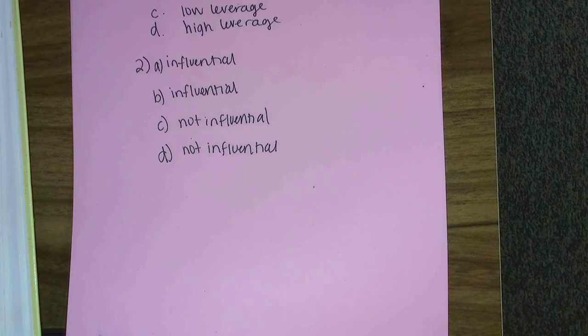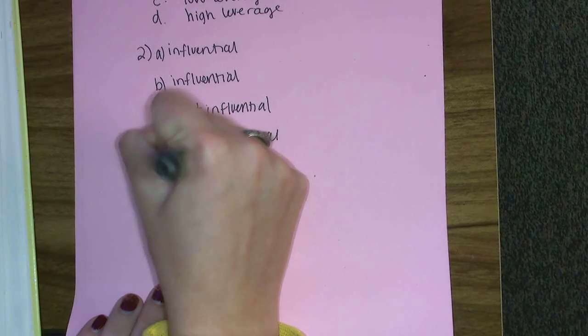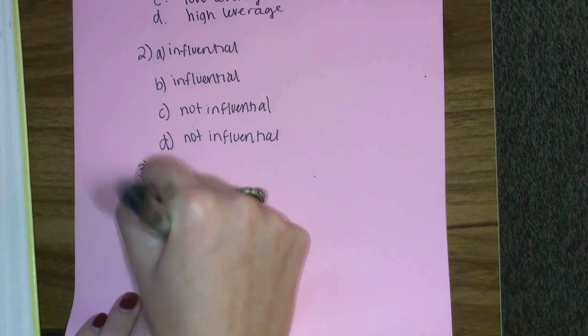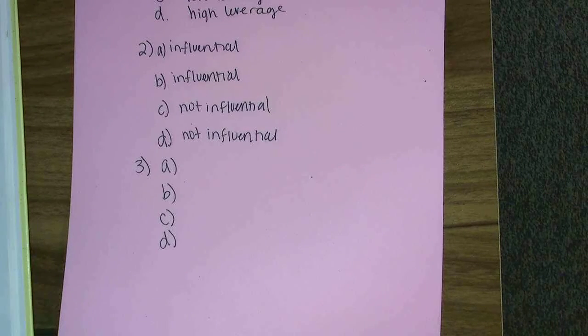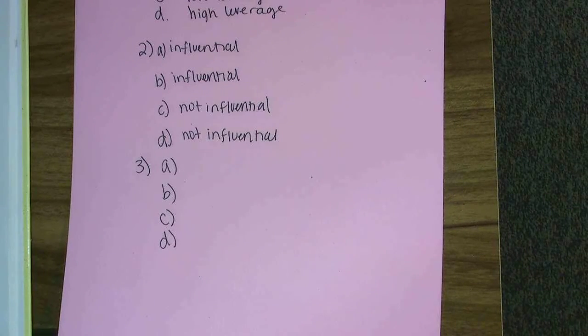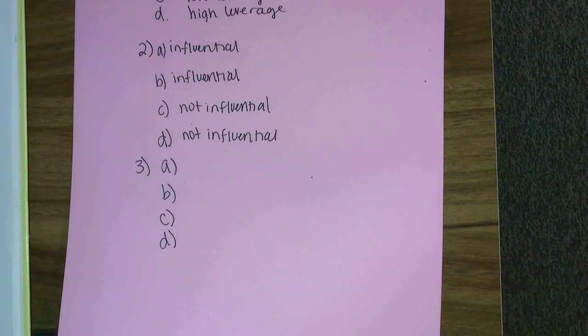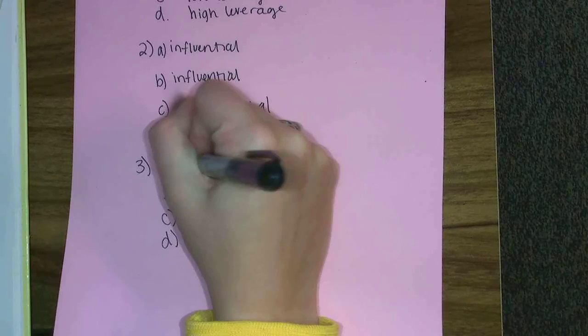Okay. Part 3. Okay, if that point is removed, would the correlation become stronger or weaker? It says to explain, but I'm not worried about us doing the explain part. So would it become stronger or weaker? The correlation for A. Yeah. Stronger.